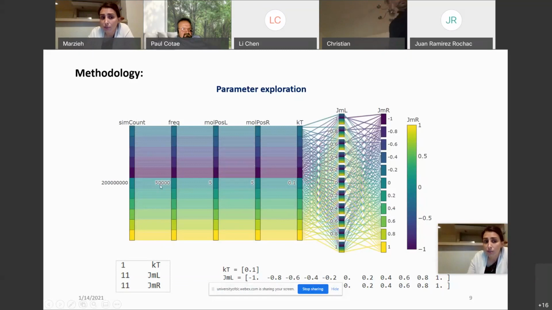The frequency at which the data is recorded is 50,000. As we said, the molecule is in the 5-5 position between 5 layers of the ferromagnets, and kT is 0.1 of the Curie temperature. And we have the combination of 11 values of JML and JMR.